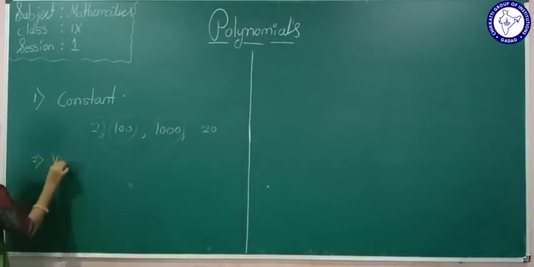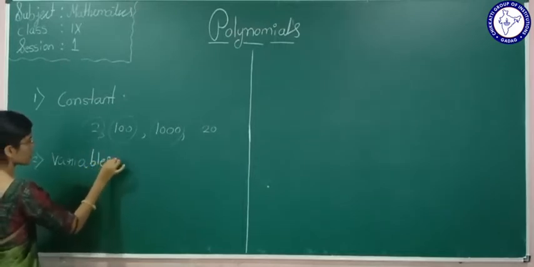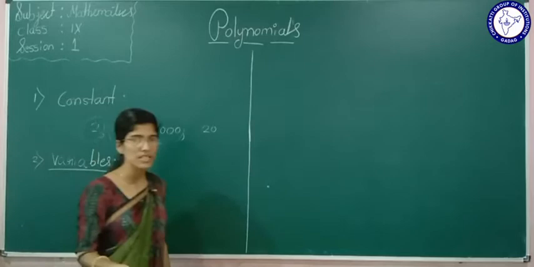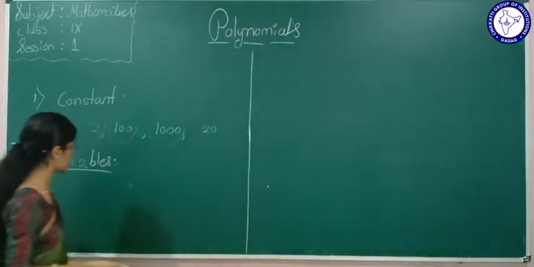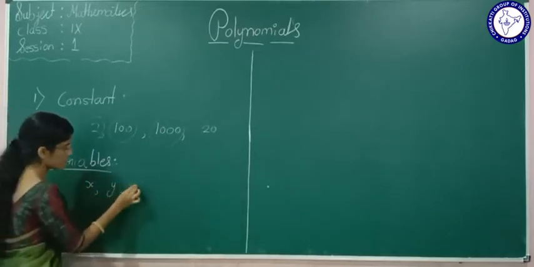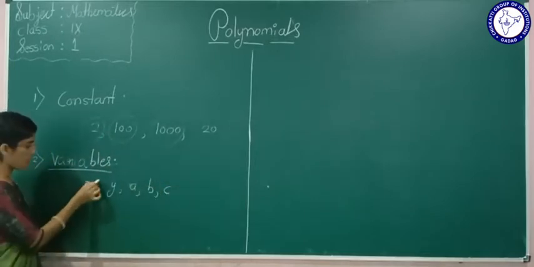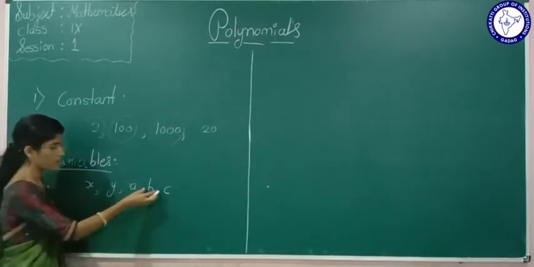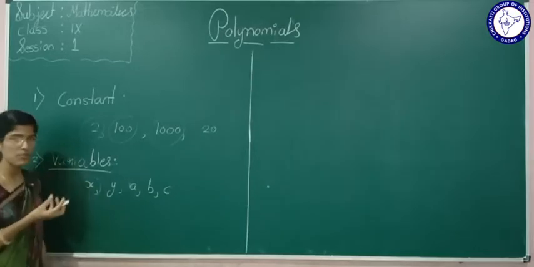What are variables? A symbol used to represent an unspecified number. If I write x, y, a, b, c, these are all variables.